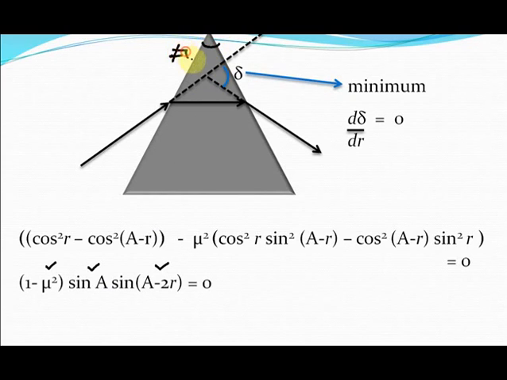So the only expression that can be 0 is this one. So A minus 2r equal to 0, or A is equal to 2r, which also tells us that r is equal to A by 2. Interesting, isn't it? This should be the angle of refraction after refraction through the first surface of the prism for the final deviation of the incident ray to be minimum.